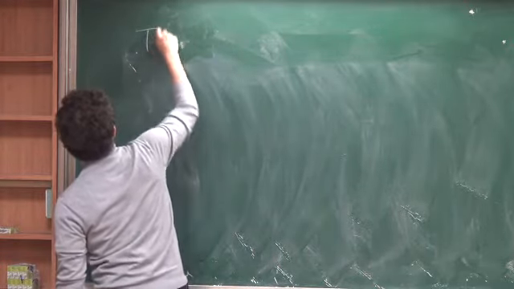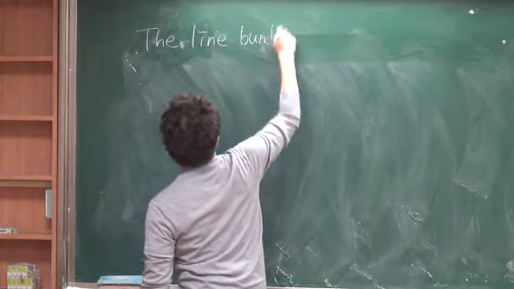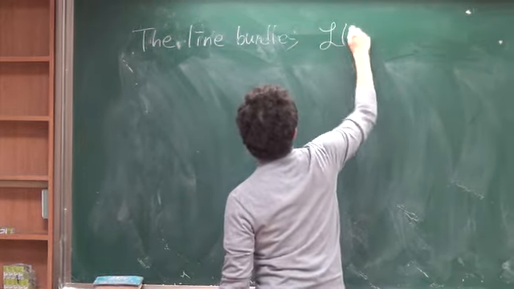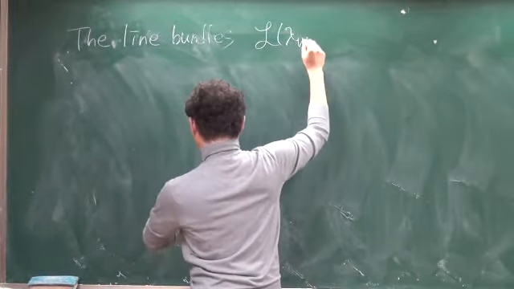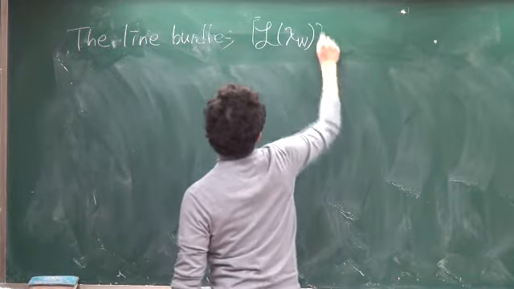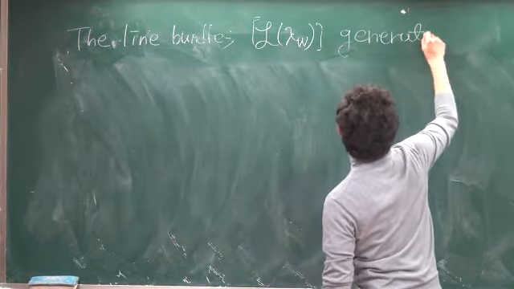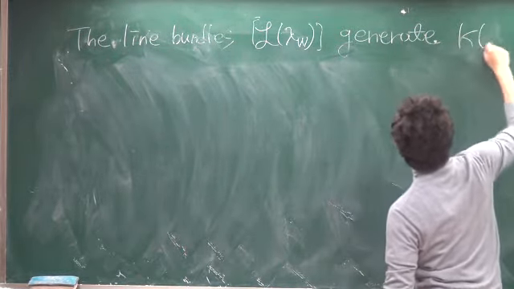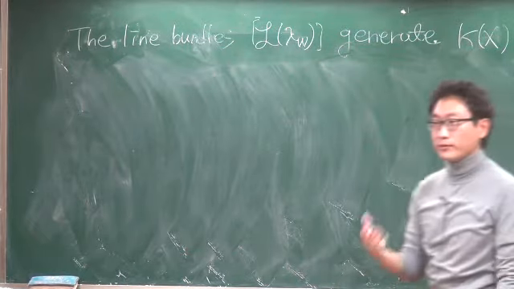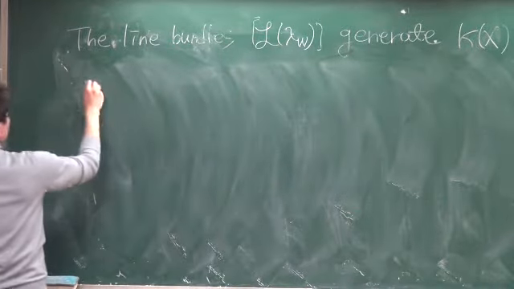Then we have a simple description of the gamma filtration on the projective homogeneous variety.